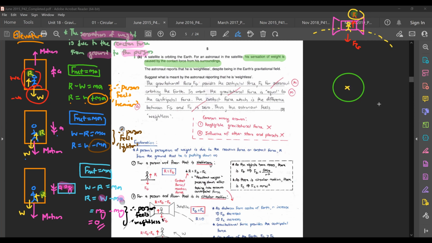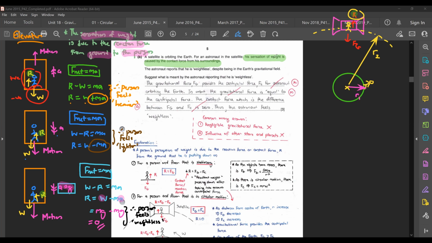So if you're considering between the center of the Earth to the satellite orbit itself, this one is your R. Let's just call this R2. I want you to compare it with a different separation. Let's just say that you want to compare it with a person that is standing on the surface of the Earth. This one is probably your R1. Okay. This one is your R1.